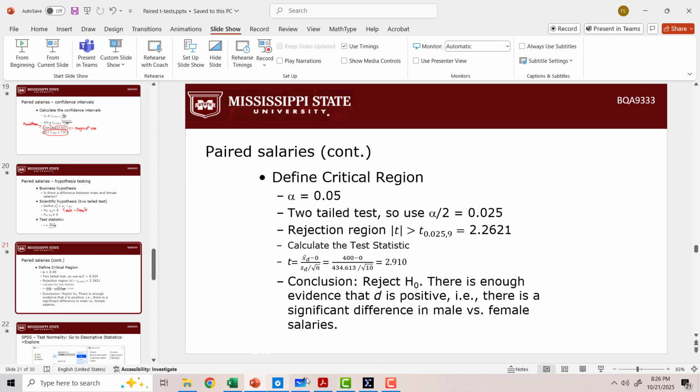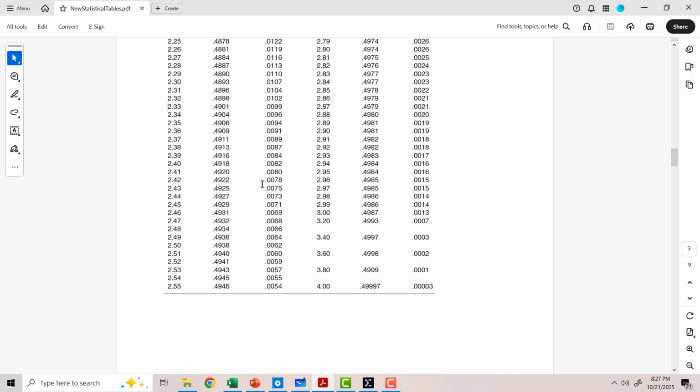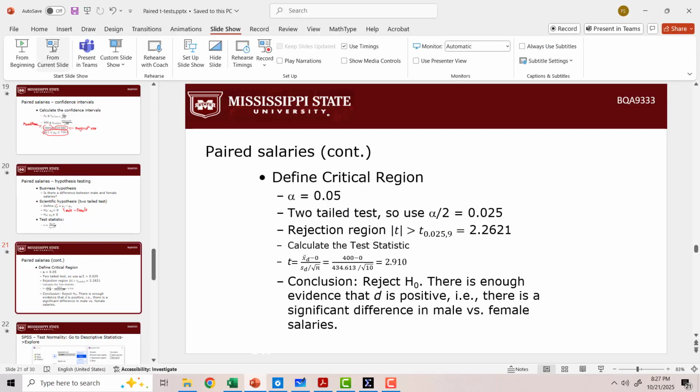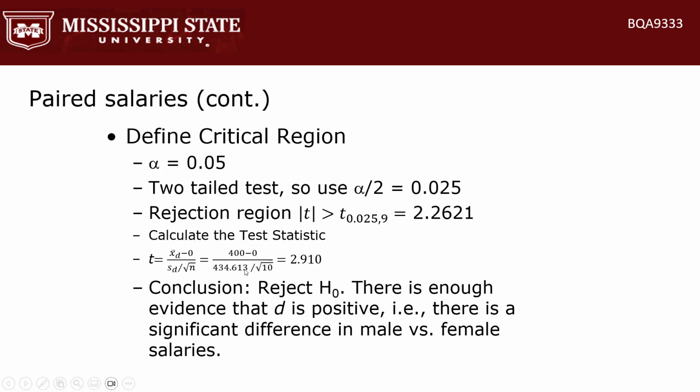So let's look at our statistical table. We have 9 degrees of freedom. And we have a two-tailed 0.05. So our t-value is 2.262. Let's go back here. So that's exactly the same as was in the Excel spreadsheet.